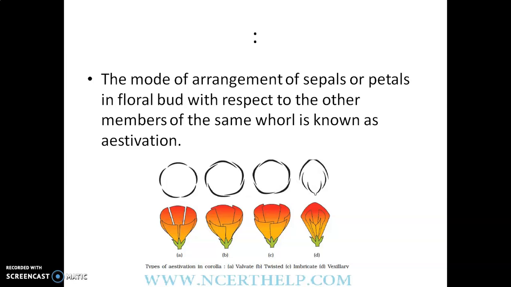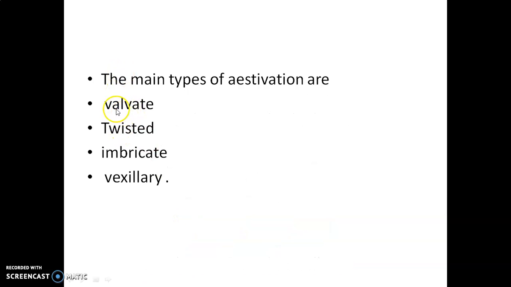That means there are 4 types of aestivation: valvate, twisted, imbricate, and vexillary. Which are the 4 types? Main types: valvate, twisted, imbricate, and vexillary.